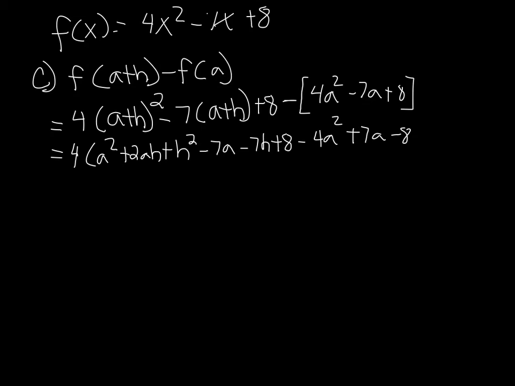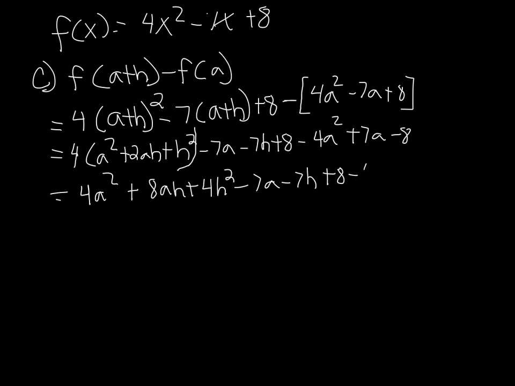Oops, and I forgot a parenthesis right here. There needs to be a parenthesis. Okay, so now we just continue to go ahead and simplify this. So I have 4a squared plus 8ah plus 4h squared minus 7a minus 7h plus 8 minus 4a squared plus 7a minus 8. Okay.